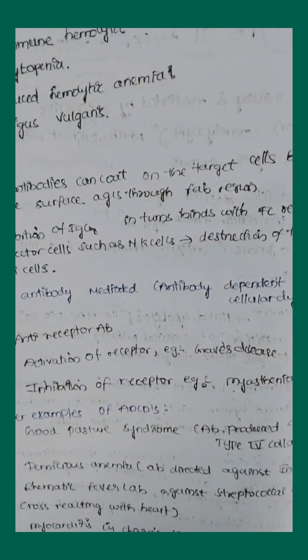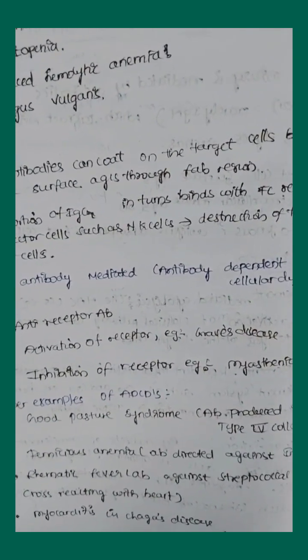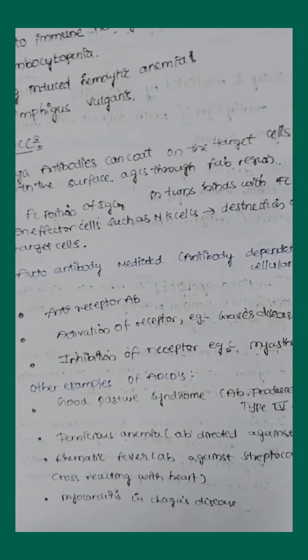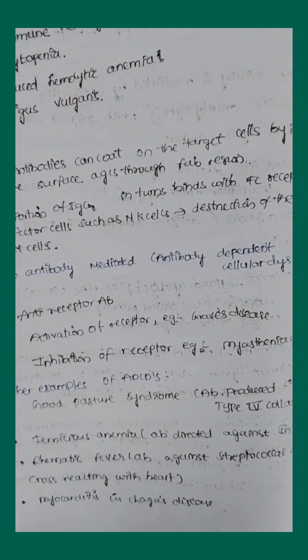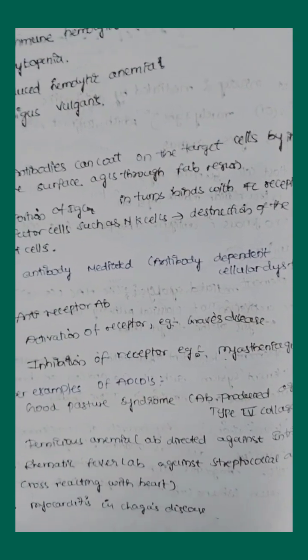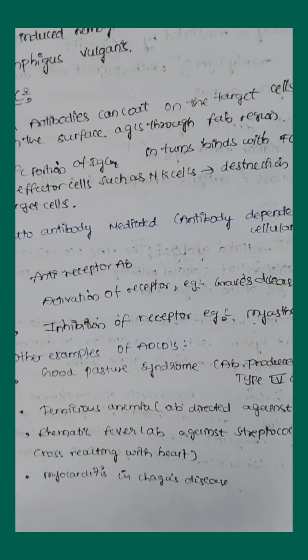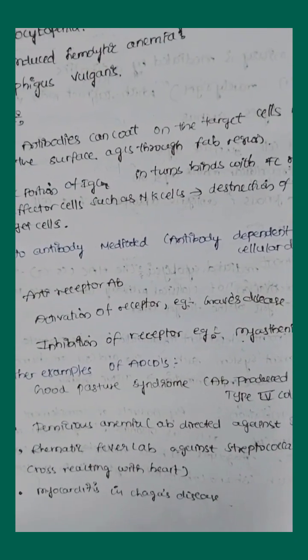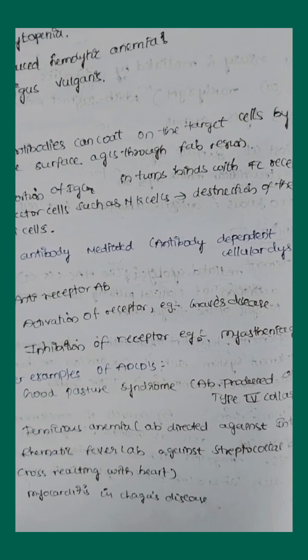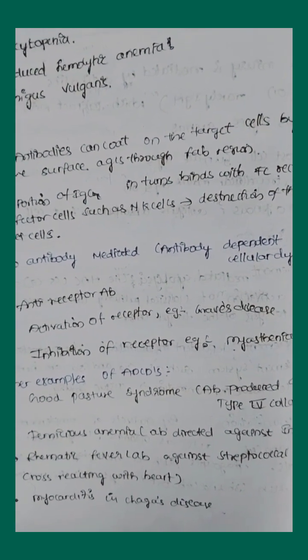Inhibition of receptors in myasthenia gravis: autoantibodies will be produced against acetylcholine receptors, and acetylcholine receptors will be inhibited. Severe muscle paralysis and muscular wasting will occur in myasthenia gravis. So we have to do the edrophonium test to differentiate myasthenia gravis from tetanic crisis or hypocalcemic crisis.